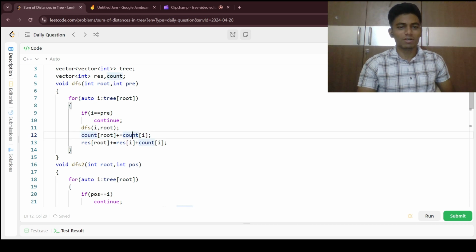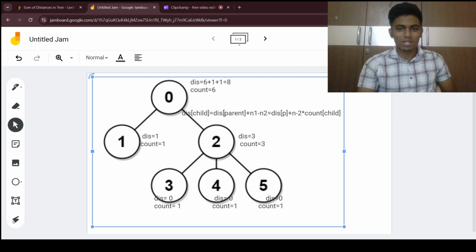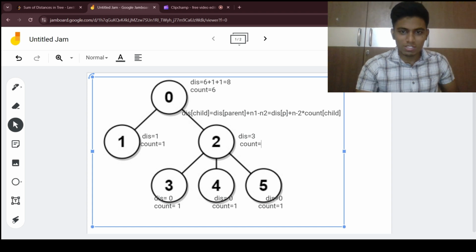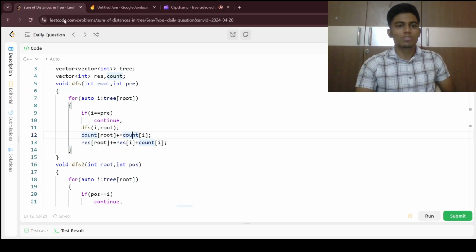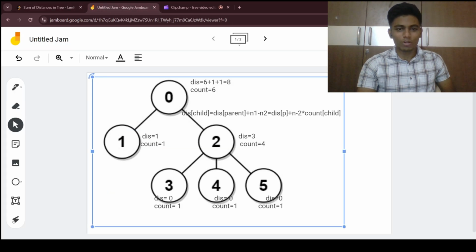This is going to be like 1 plus this, and then 1 plus this, and then 1 plus this. For this, the count is going to be 4. So that's how we are going to increase the count, and then we are going to increase the distance as distance of I and then count of I. Suppose when I want to take here, the distance will be distance plus the count of this. Why? Because we are increasing the distance for these many counts with this. That's why we are adding count.